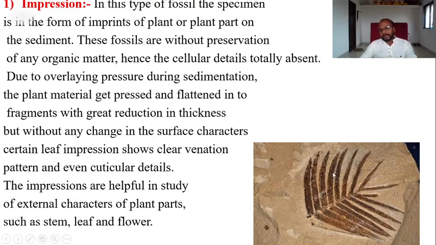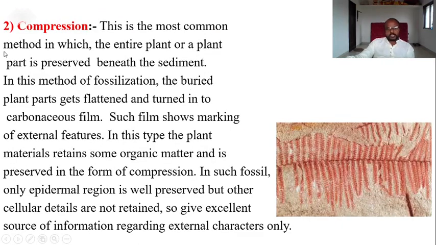That means we can study the surface architecture with the help of the impression, but not cellular or internal detail. This is the first type, the impression type of fossil. The second one is the compression type of fossil.